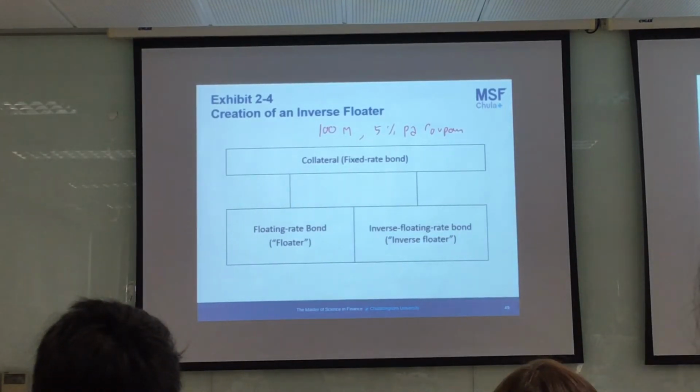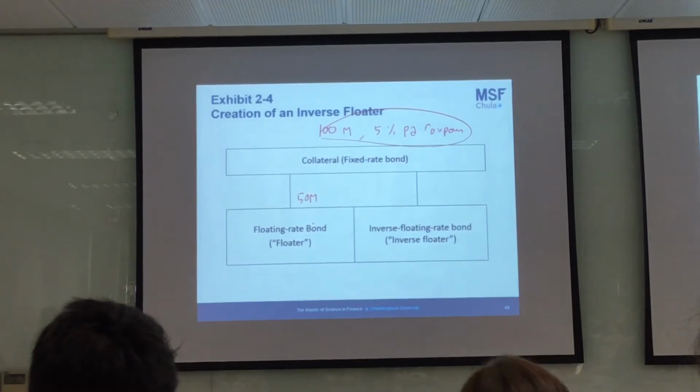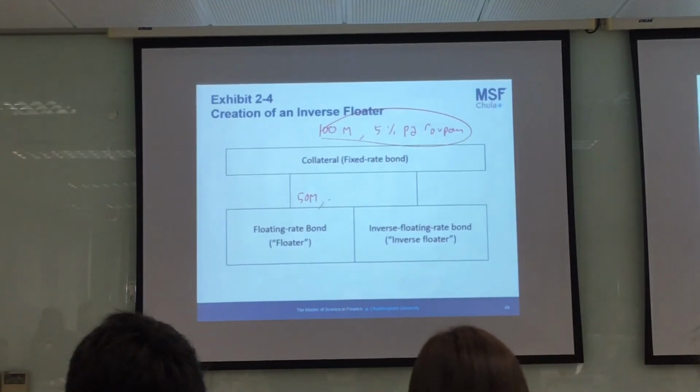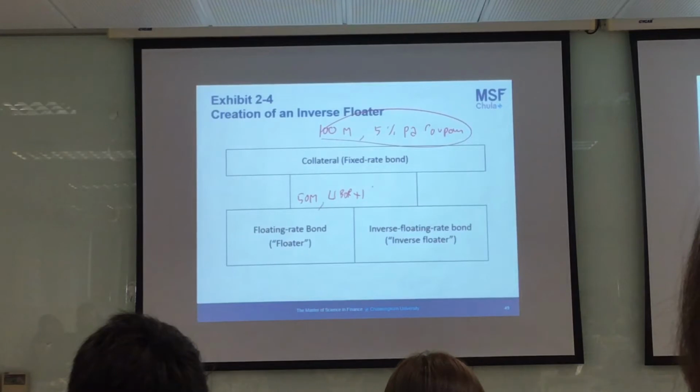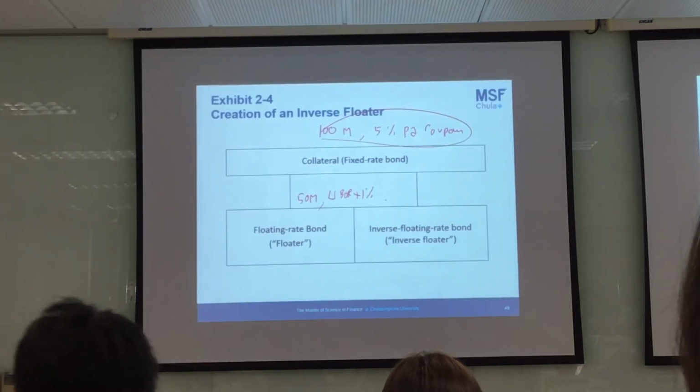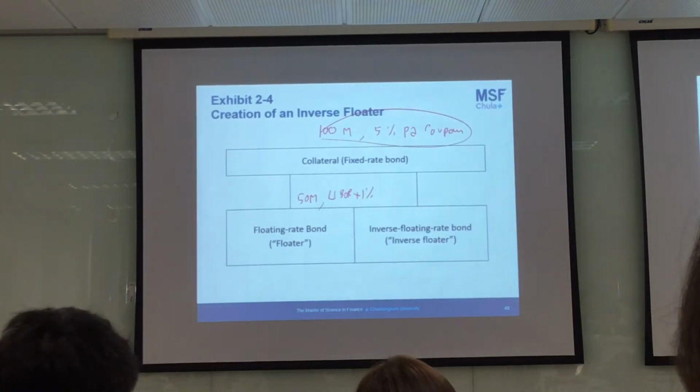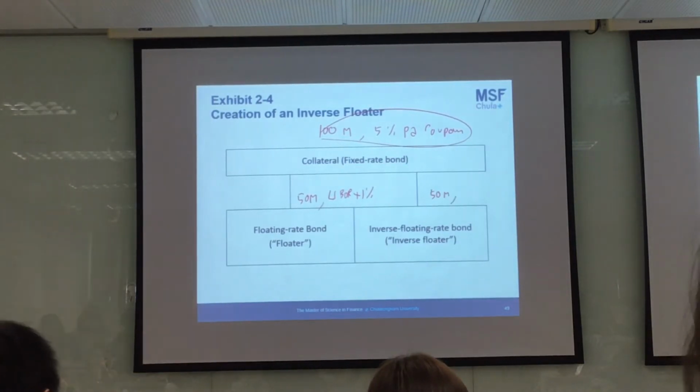Suppose that based on this collateral, the trader issues a 50 million floating rate bond, or floater, that pays LIBOR plus 1%. And another 50 million for the inverse floater, and this inverse floater will pay a coupon equal to 9% minus LIBOR.